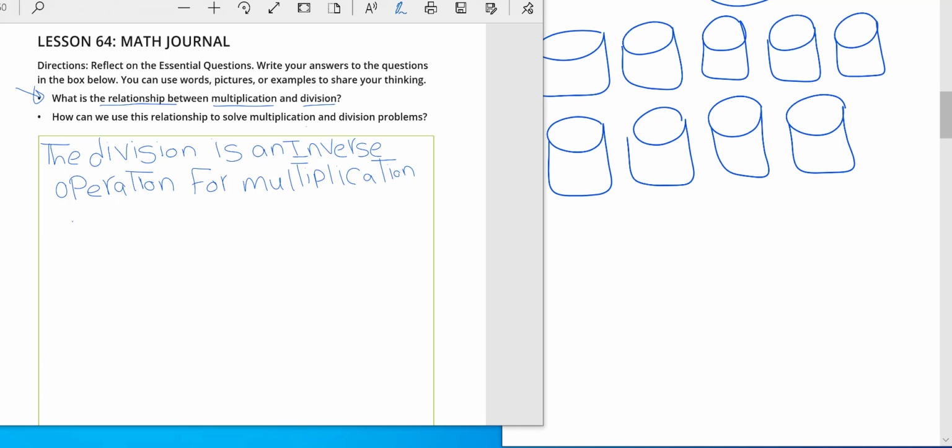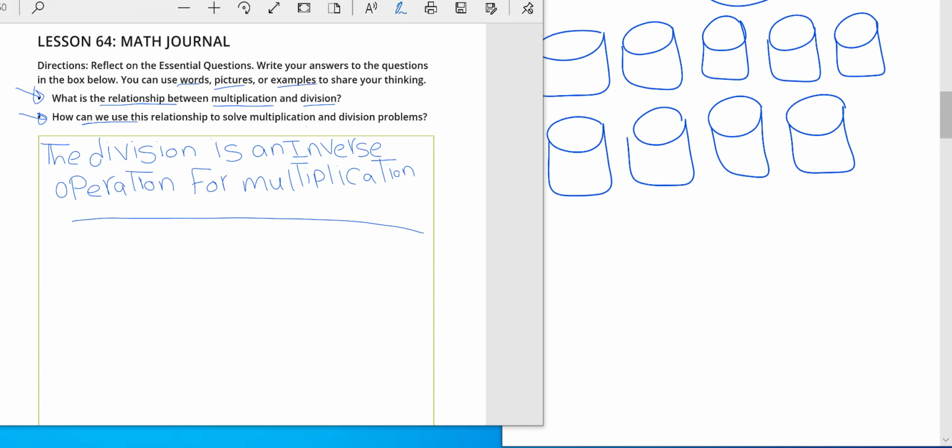Now the next question is, how can we use the relation to solve multiplication and division problems? Use words, pictures, and examples to share your thinking.